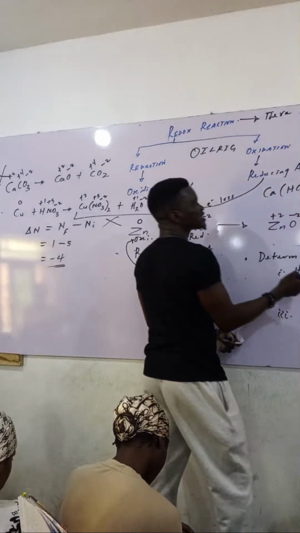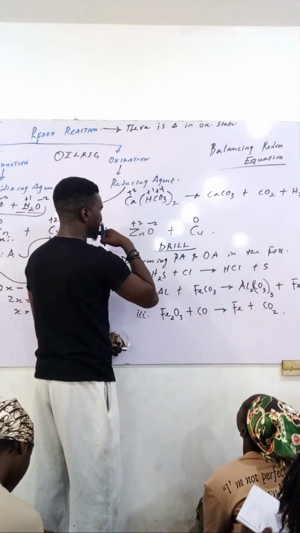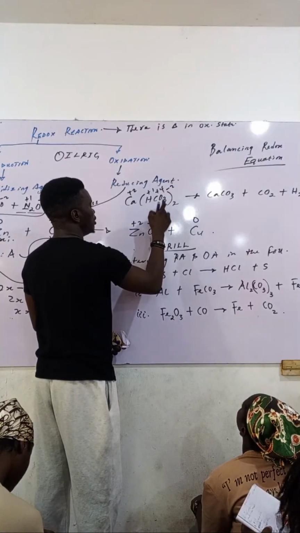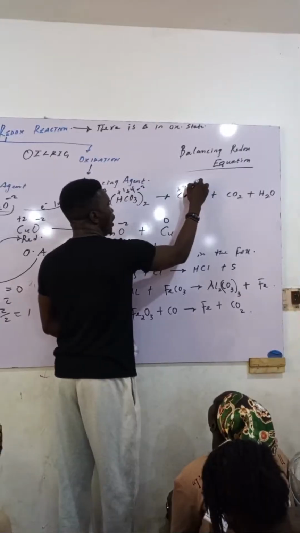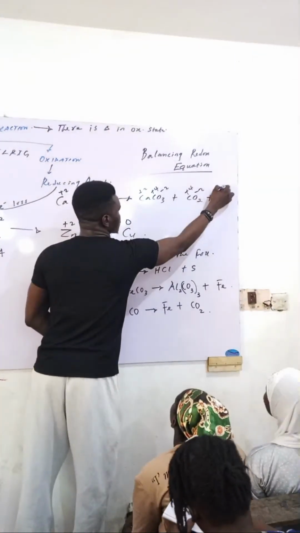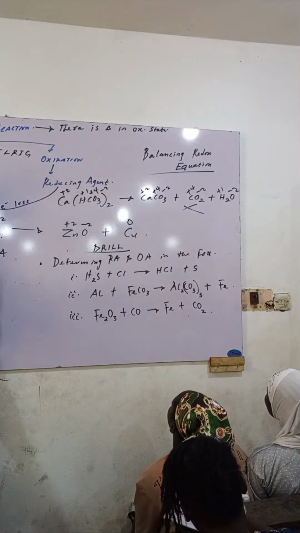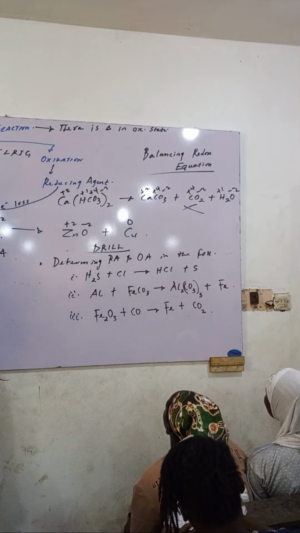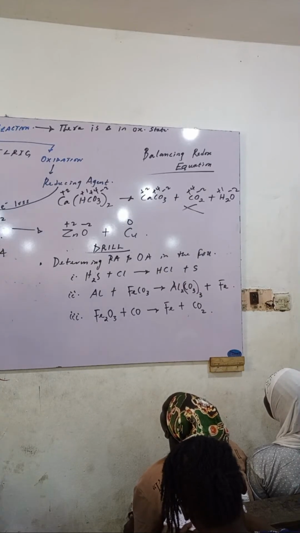So if you check this out, this is going to be +2, +1, +4. Right? This is not a redox reaction. Is that taking?